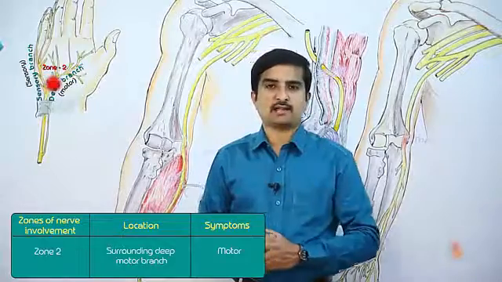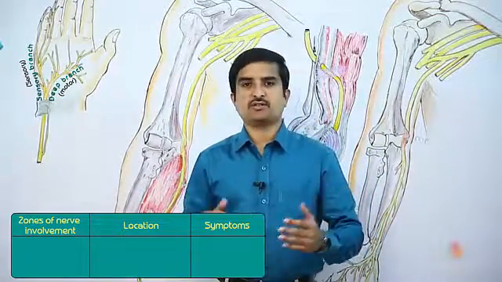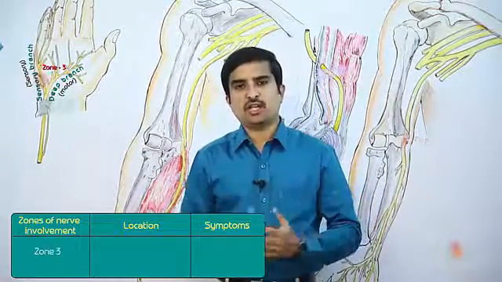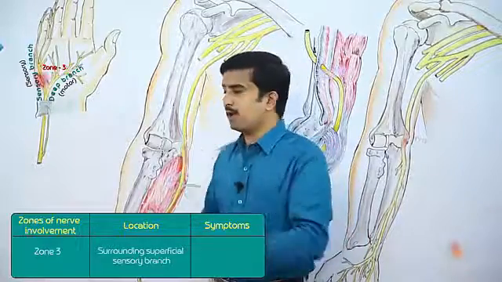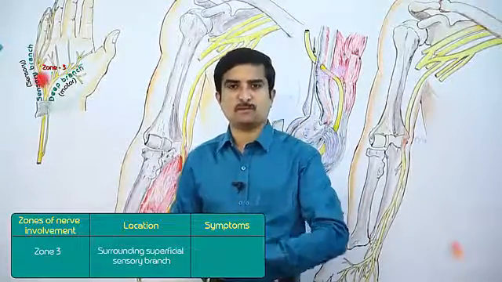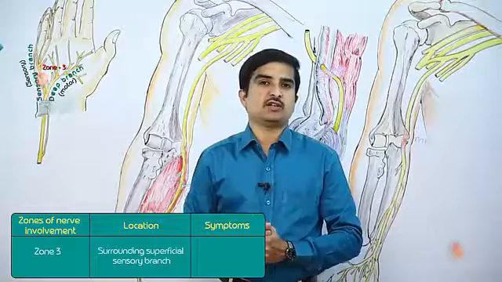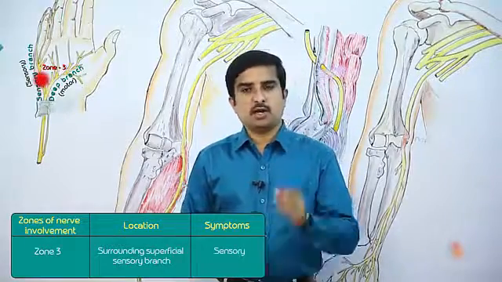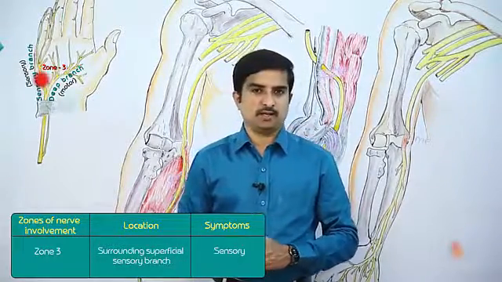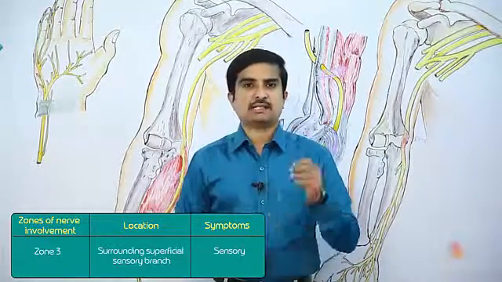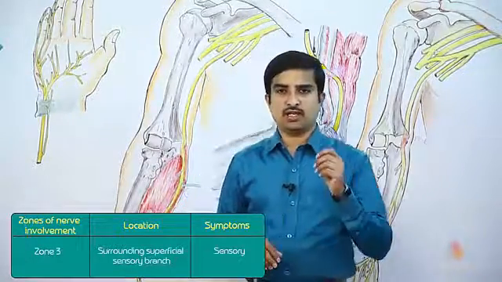This is what is called a zone 2 injury. Next is zone 3. In zone 3 injury, only the sensory branch, which means the superficial branch, is involved, which in turn causes only sensory symptoms, and motor function is spared. Like this, the ulnar nerve injury in the Guyon's canal is classified into 3 zones.